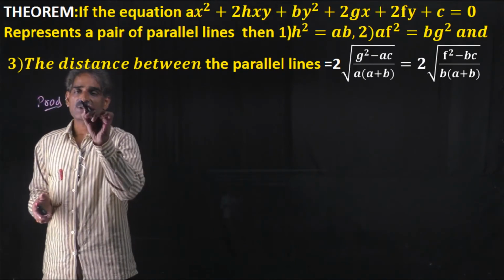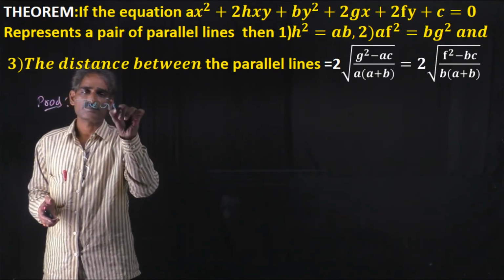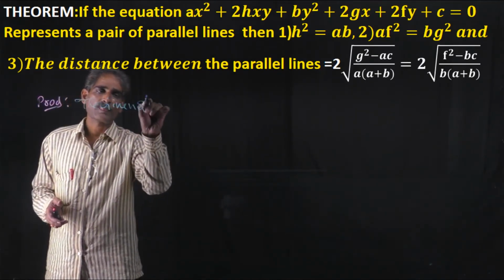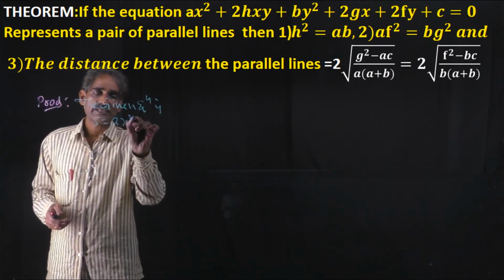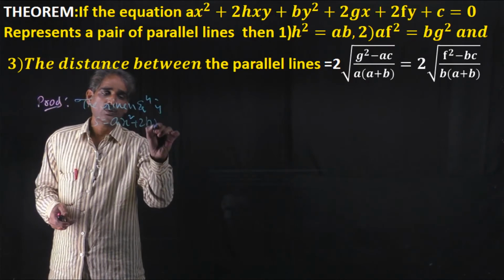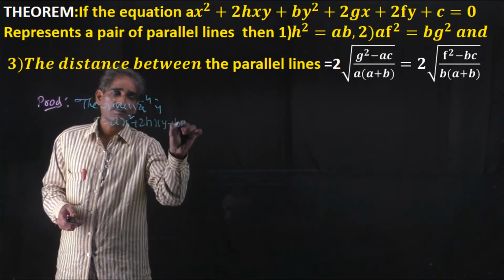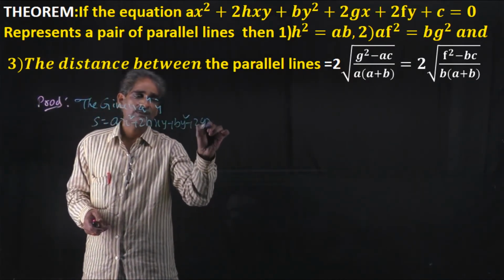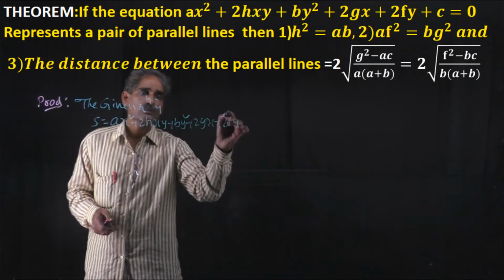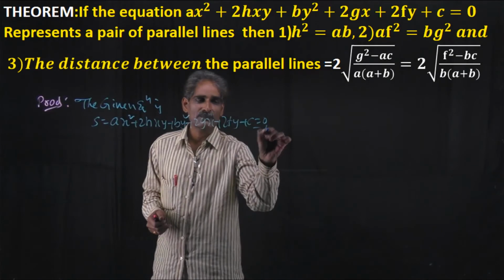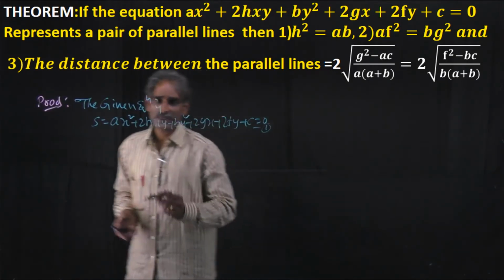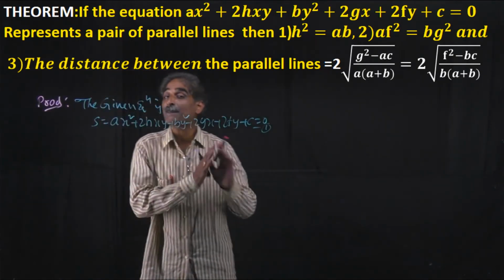The given equation is S equal to ax square plus 2hxy plus by square plus 2gx plus 2fy plus c equal to 0. Let it be 1. Now take separate equations. There must be parallel lines.